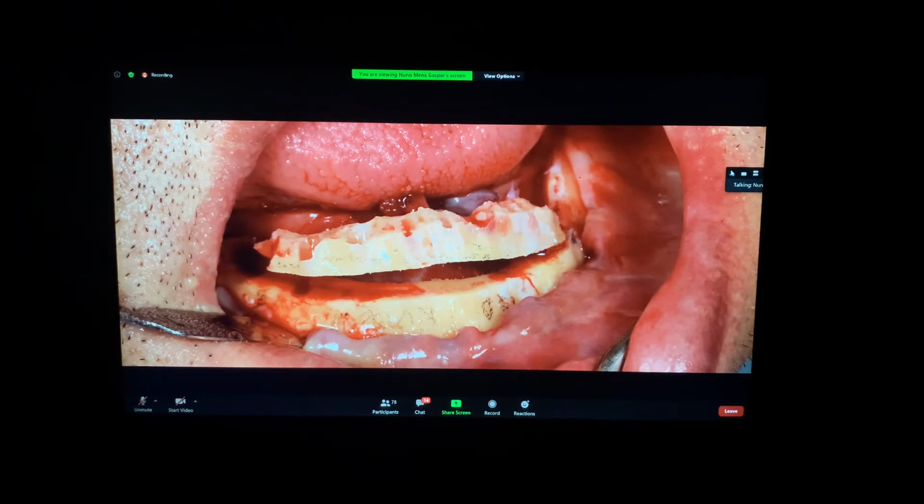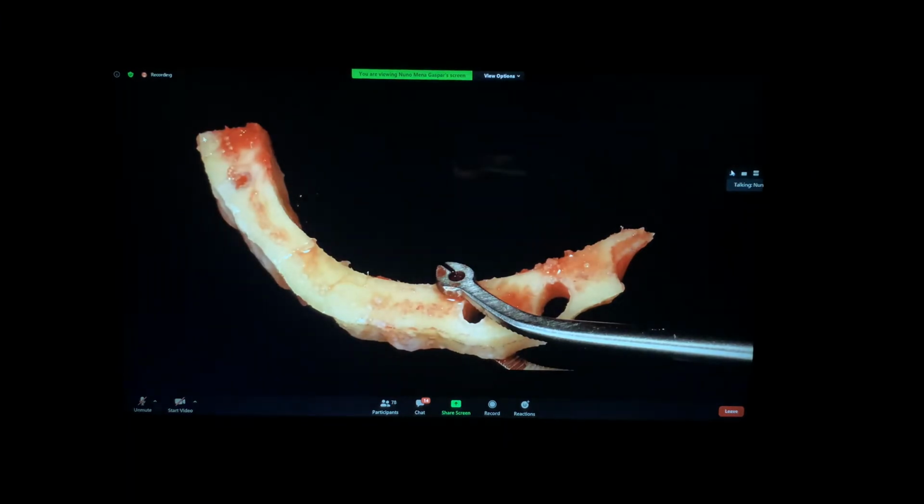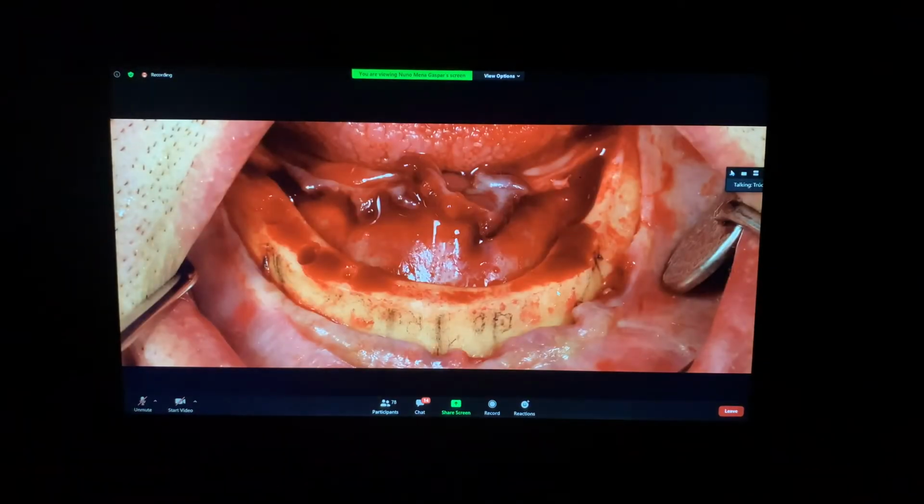We placed our implants, and I used the Curie plate technique. Và đối với cái ca này thì tôi phải lấy nguyên một khối xương để làm theo kỹ thuật Curie. And we placed our implants.